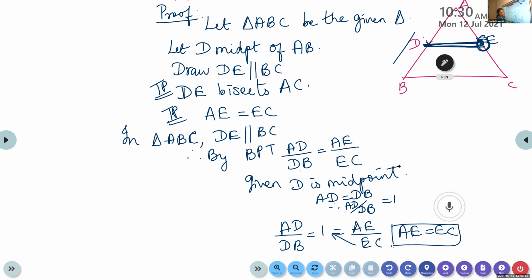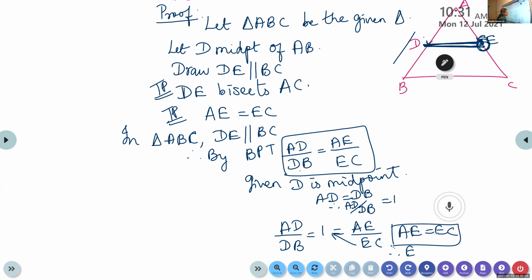AD and DB are the same. Therefore, AD by DB is equal to 1. Substituting it here, AD by DB is 1, which is equal to AE by EC. So we get AE by EC is 1. That is, AE is equal to EC.